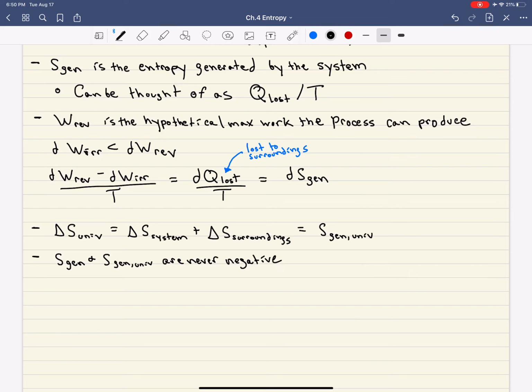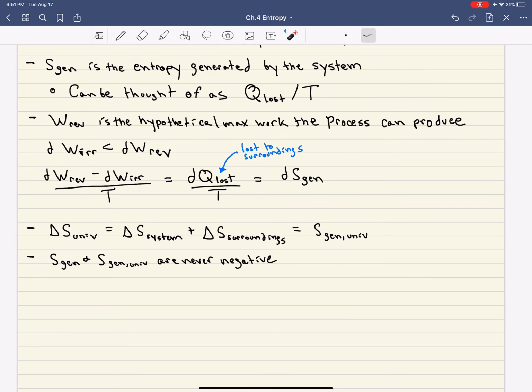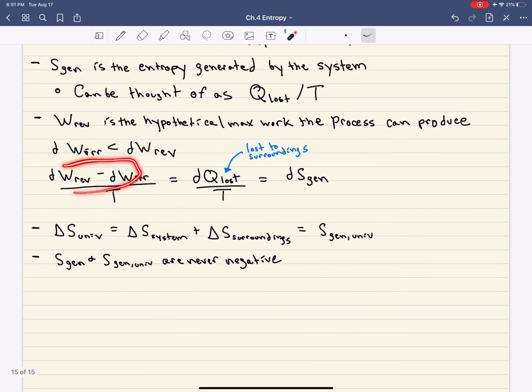Even going back to reversible work and irreversible work, the difference between the two can't be negative. Reversible work is always going to be greater than the irreversible work. For that same reason, the entropy generated by the system or the universe can't be negative. They could either be positive if you have an irreversible process, or 0 if you have a reversible process.